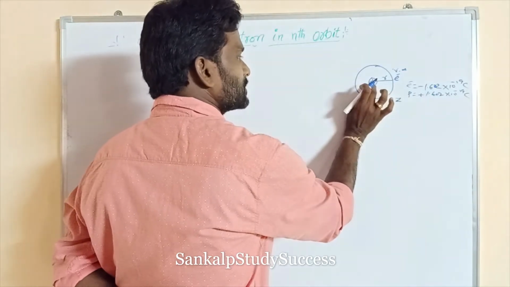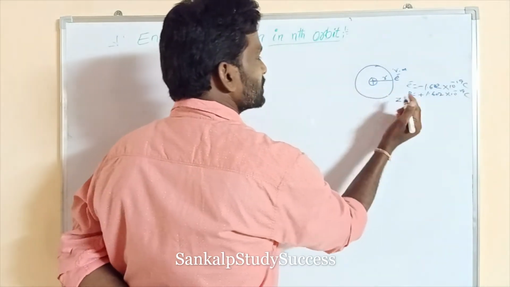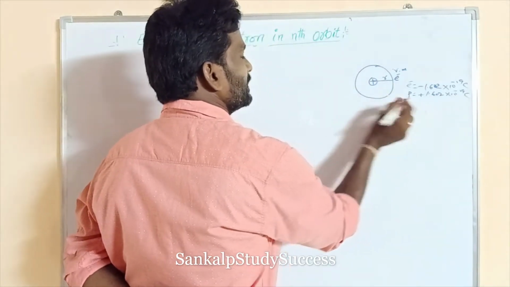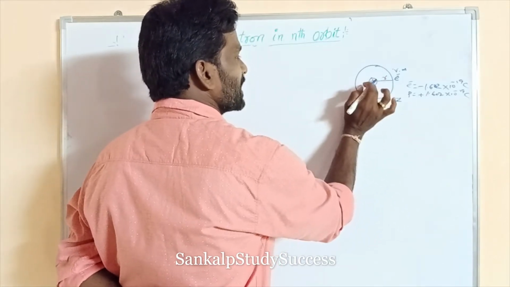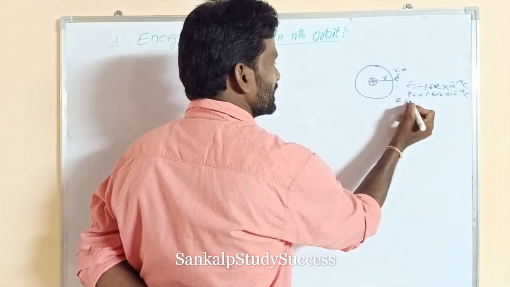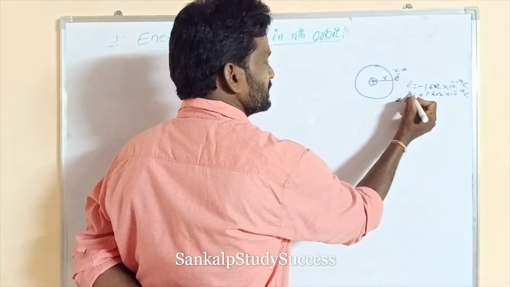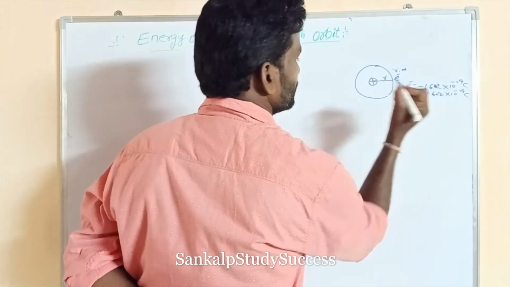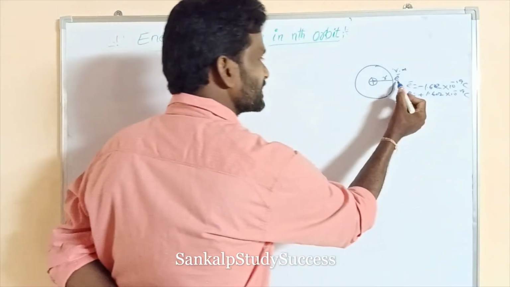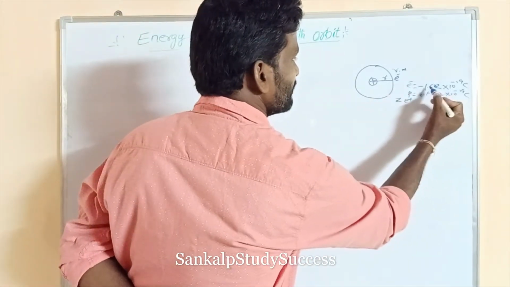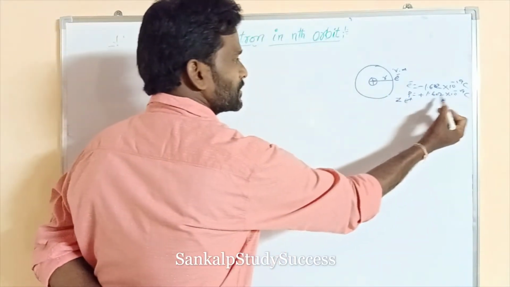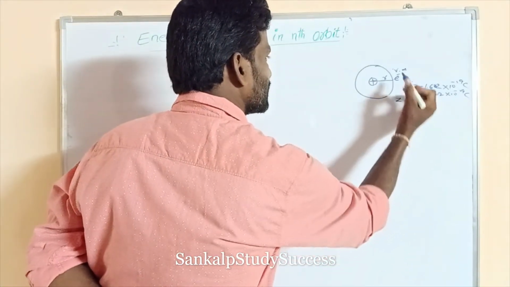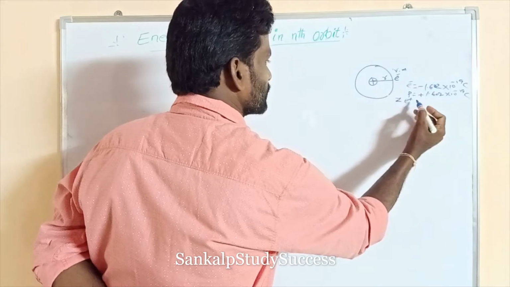So the charge of proton is also taken as e. If the nucleus contains Z protons, the total charge of nucleus is Ze, positive. The electron has negative charge, and the proton has positive charge.